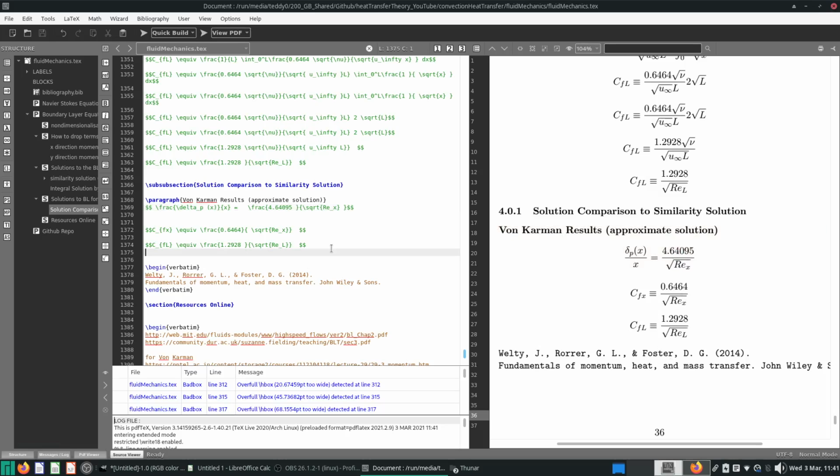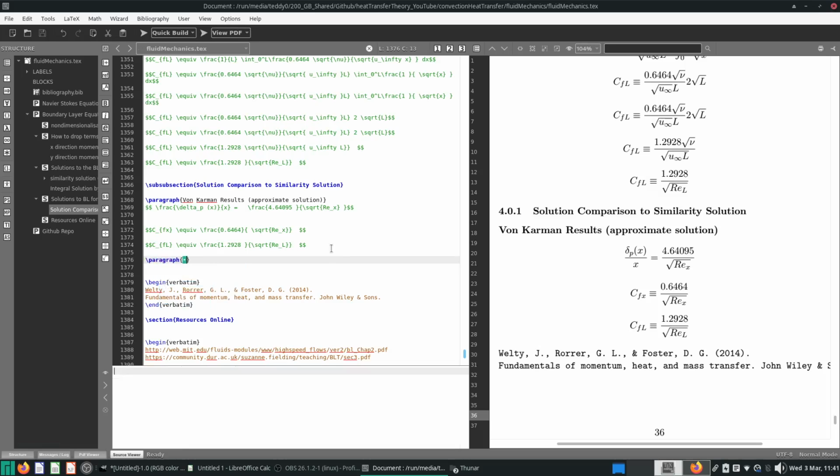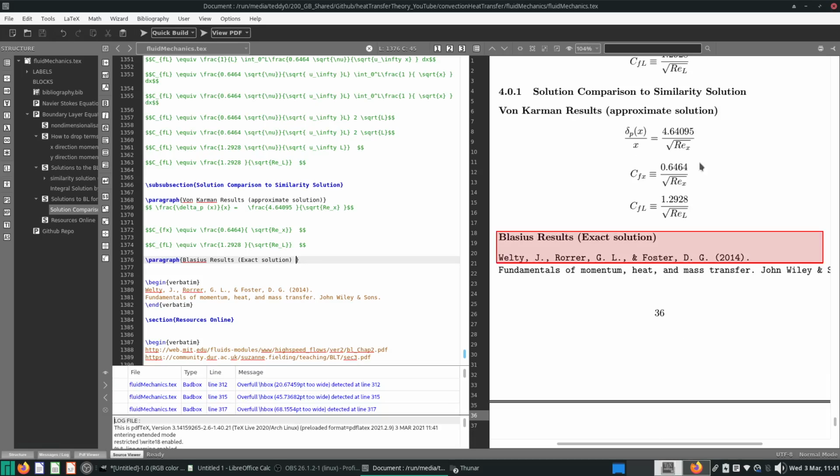Okay, von Karman results are like so, and if you look at the Blasius results, exact solution. Exact in the sense that you don't make any of these approximations, but depending on how you solve the Blasius similarity solution, your results may differ a little bit, depending on your step size and how many terms you use in your series solution.